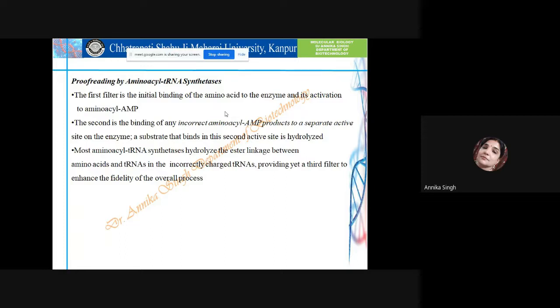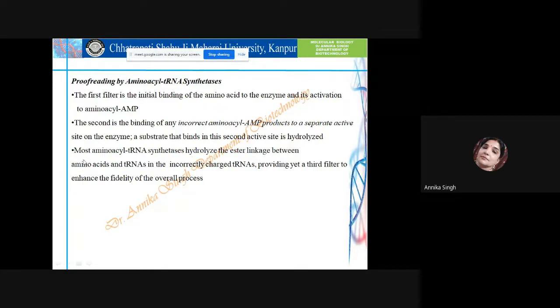This accuracy is very high, and it shows that amino acid transfer RNA synthetases are highly specific and have a proofreading function. So in the third filter, you can say the third point where this enzyme can recognize the incorrectly incorporated amino acid.